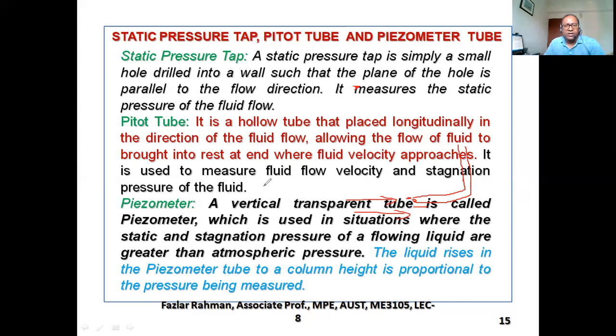So that means you have two pressures. One is static pressure, P by gamma. Then V square by 2g is called dynamic pressure. But you stop the fluid right over here, so this energy will convert into pressure energy and be added to this one. That means it will increase the fluid pressure. That is called stagnation pressure.